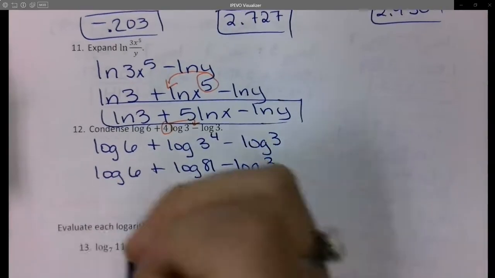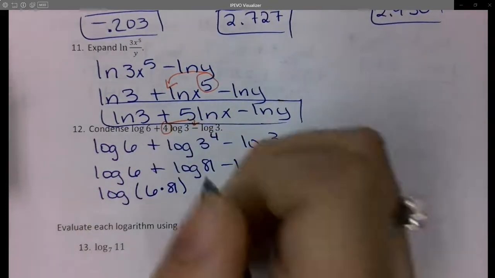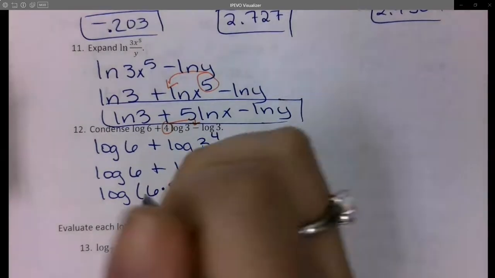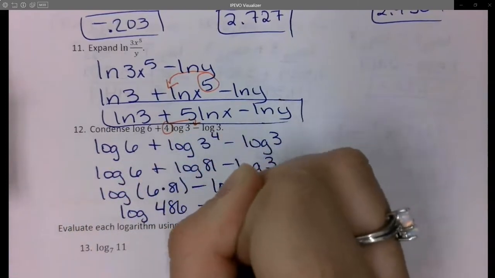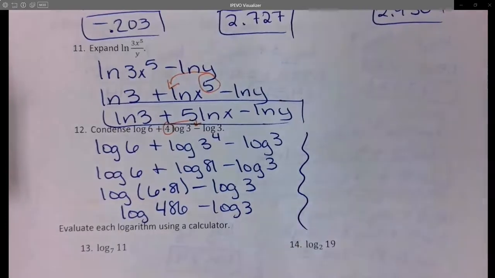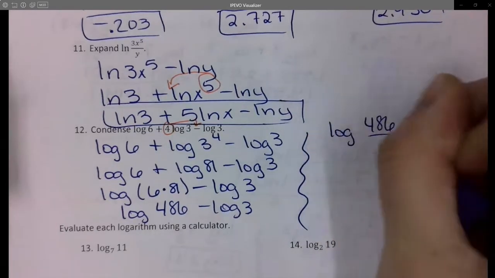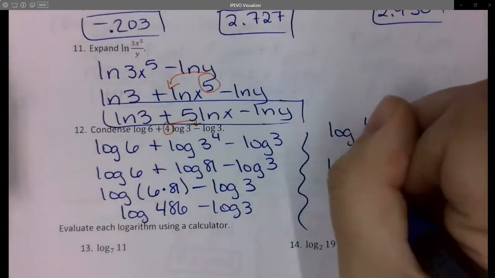Then these two are going to get multiplied together. And the other one's just going to stay at the end for now. 6 times 81 is 486. Then I want to go ahead and rewrite this as a fraction. So I'm going to have log 486 divided by 3, which gets me 162.